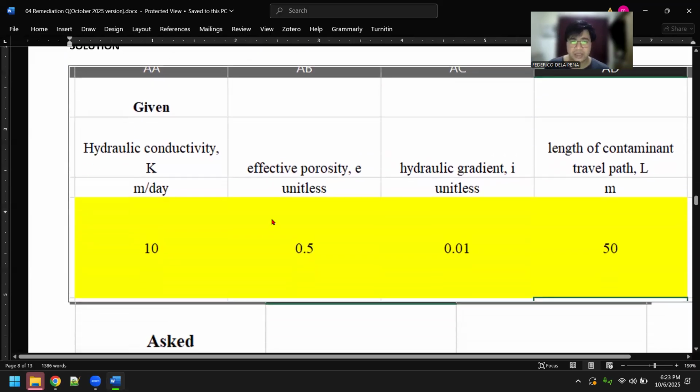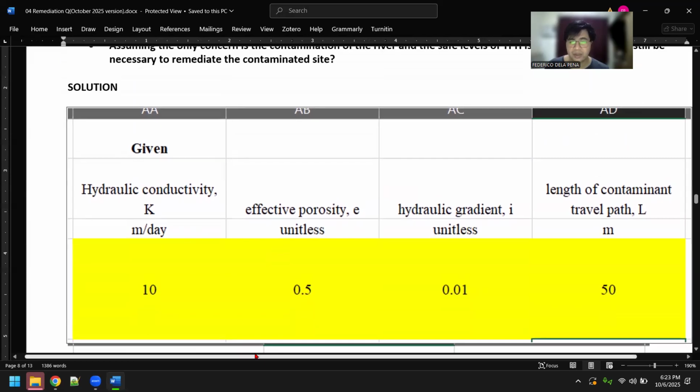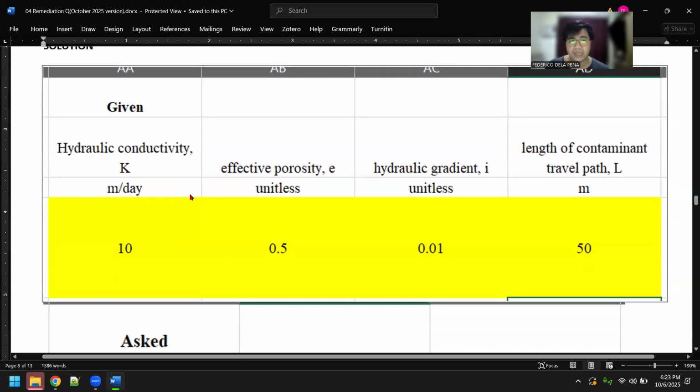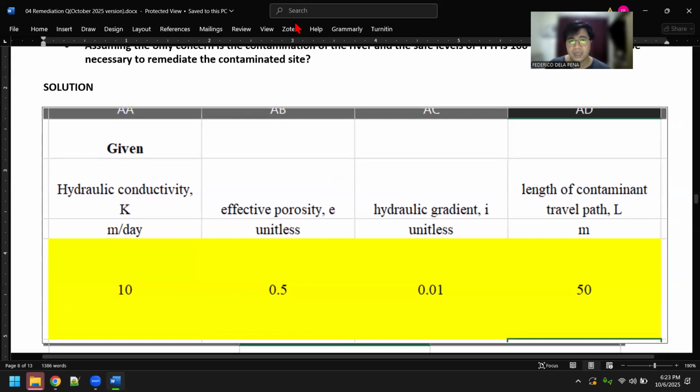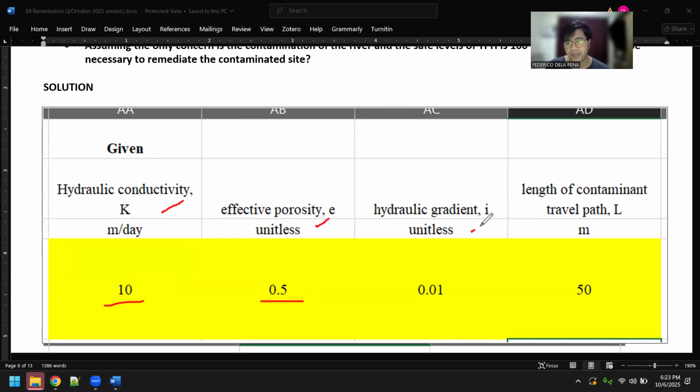First, we list down the given data. We have hydraulic conductivity at 10 meters per day, effective porosity of 0.5, hydraulic gradient of 0.01, and travel path or length of contaminant travel is 50 meters.